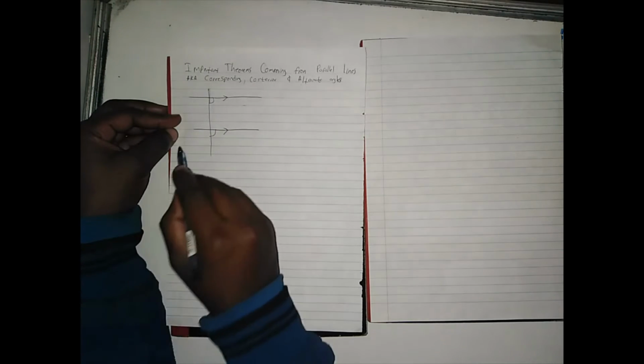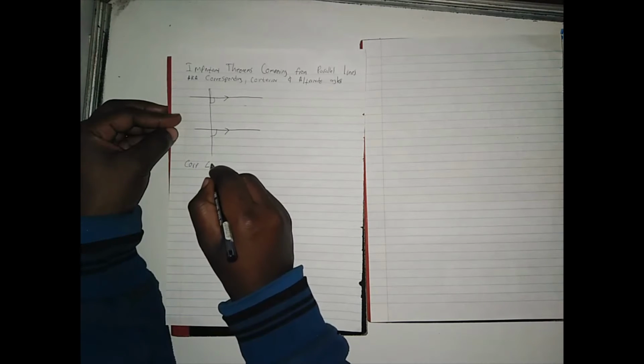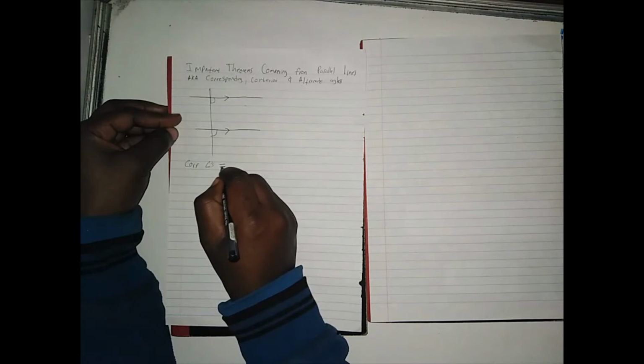Now this theorem is saying that corresponding angles are equal. So we are simply saying that if you've got 30 degrees here, that means here as well is 30 degrees. If you have 40 degrees here, it means here you also have 40 degrees, because they are standing in a certain way that we describe as corresponding, and they are parallel lines.